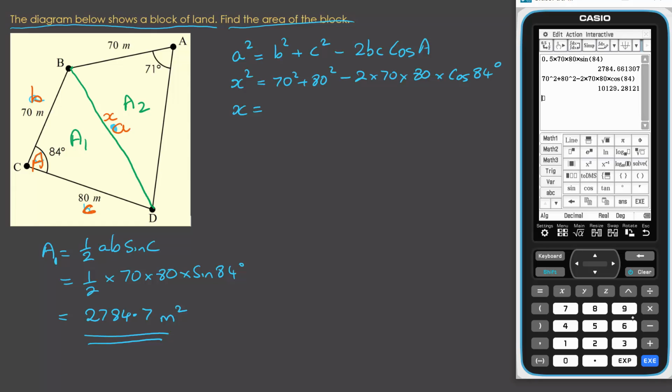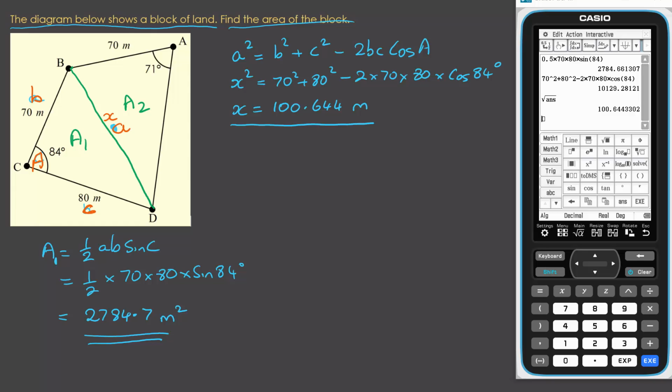And that's 10129. But I need the square root of that. And that's 100.644 meters. Again, keeping some extra decimal places because I've got to use that number again.